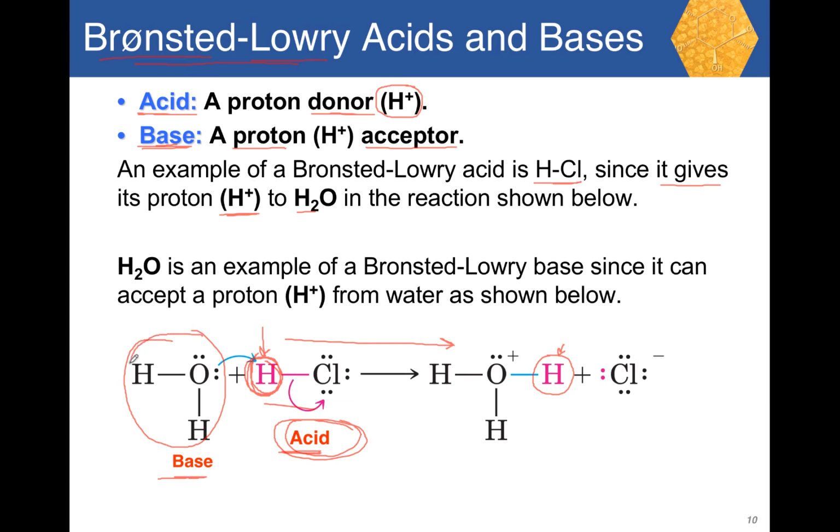H2O is described as a base because here is H2O and it went to H3O plus, 1, 2, and 3 hydrogens. It has acquired another hydrogen, so therefore it is a proton acceptor. So based on the Bronsted-Lowry definition, water here is a base.